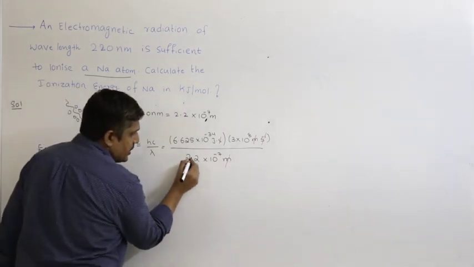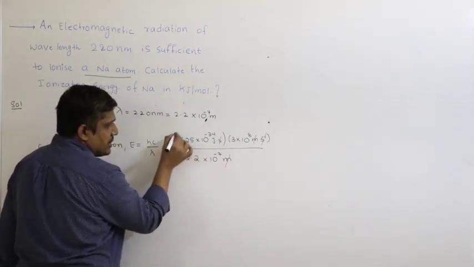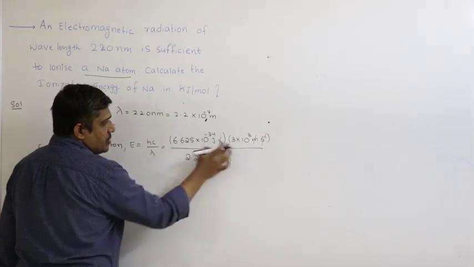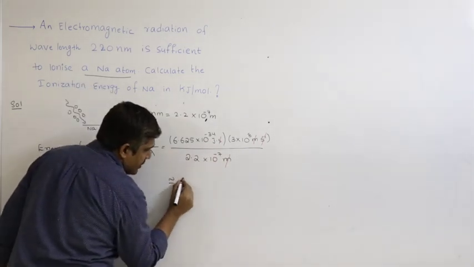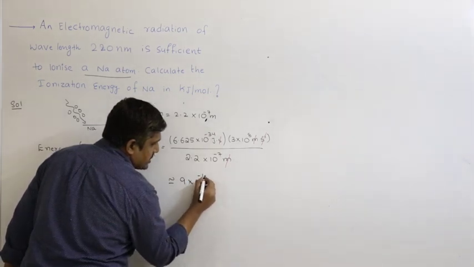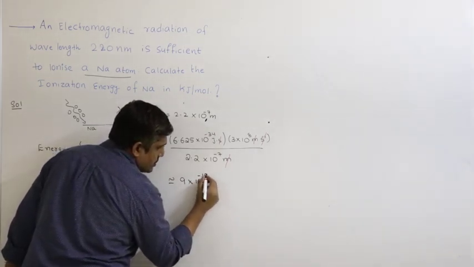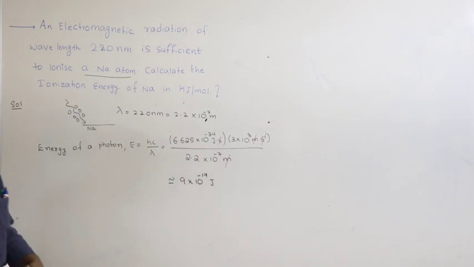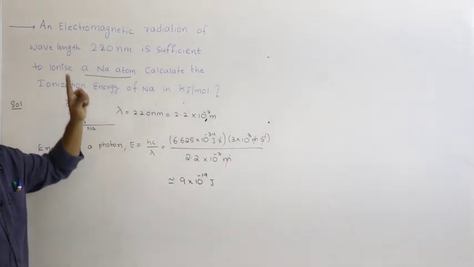Right, this is 2.2, approximately 3 times 3 into 3, 9, approximately 9 into 10 power minus 19 joules. So, this is the energy of one photon that can ionize one sodium atom.